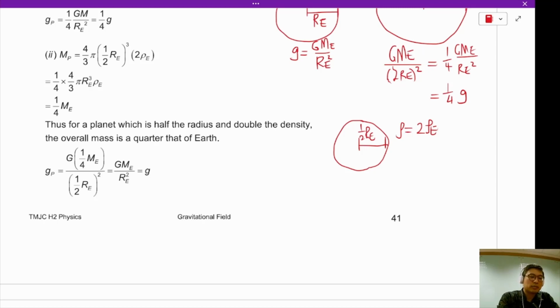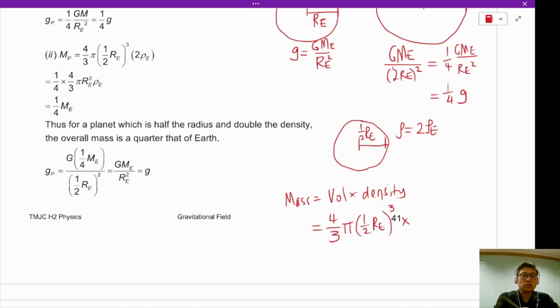The mass of a sphere is equal to the volume multiplied by the density. And the volume of a sphere is 4/3 pi r cubed. In this case, the planet's radius is half of the Earth's, cubed, multiplied by the density, but the density is twice the density of the Earth.